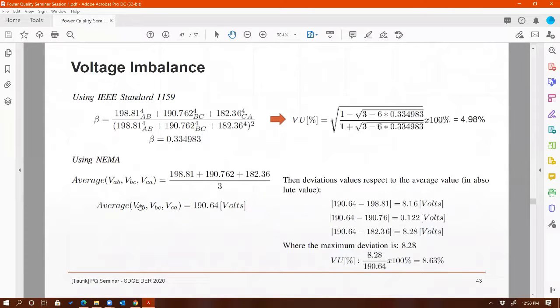And then doing the same thing, you find the average and then find the maximum deviation of each line voltage from the average value. And from here, you can see that the maximum deviation is 8.28 right there. And so percent imbalance would be maximum deviation 8.28 divided by the average 190.64 times 100%.